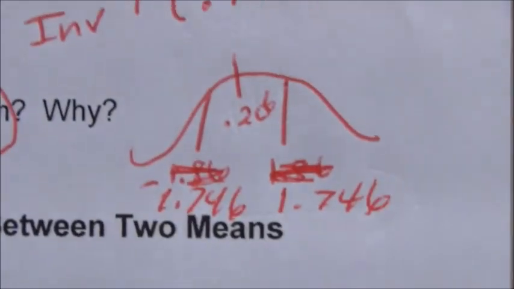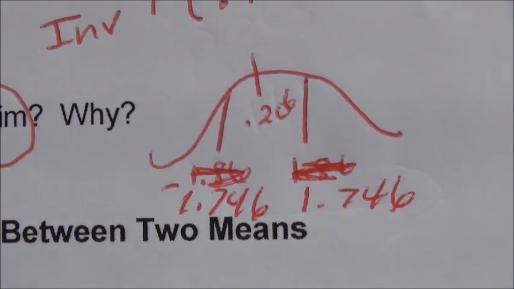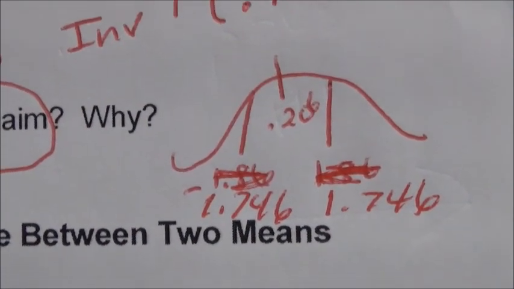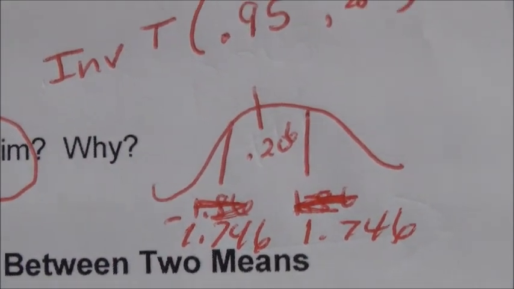So it wants to know if we should accept or reject the claim. Again, I've got my scribbling here. If I can find my drawing. So I had negative 1.746 and positive 1.746. My test value was 0.293, which is in the middle, which would be the null.